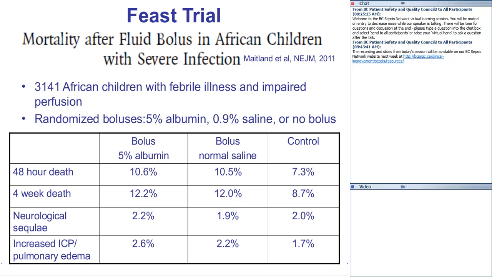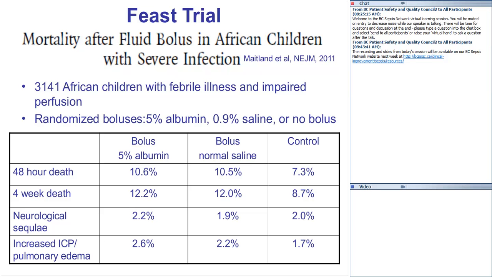Well, right now, there's one published study looking at this quantity of fluid question, and it really comes from Africa. Kath Maitland published this study in the New England Journal of Medicine in 2011. She randomized just over 3,000 African children who had febrile illness and impaired perfusion. Most of these patients with the febrile illnesses had malaria, so about 60% of the patients enrolled in the study had malaria.